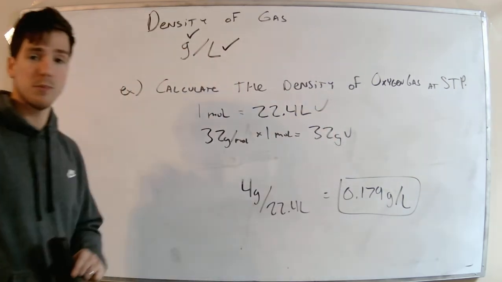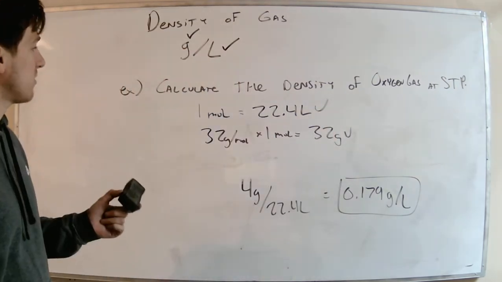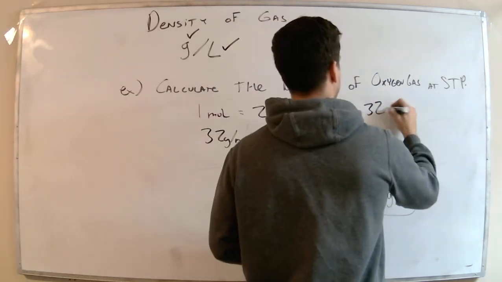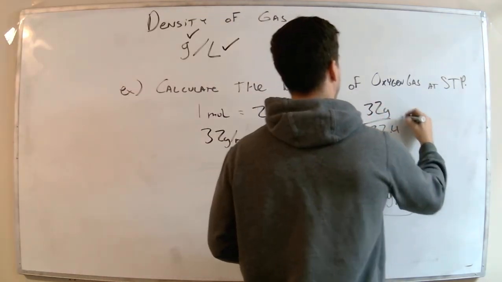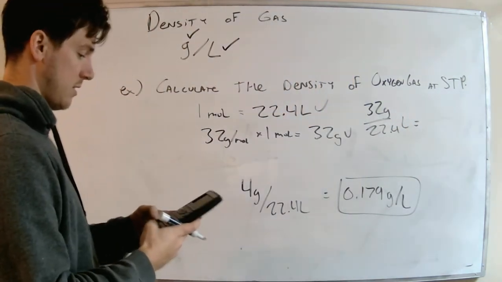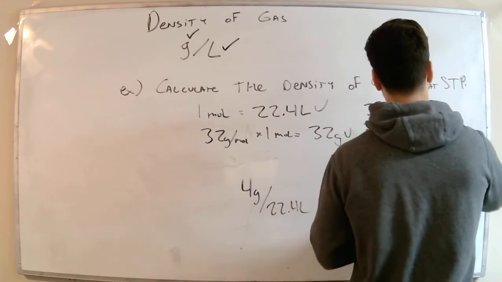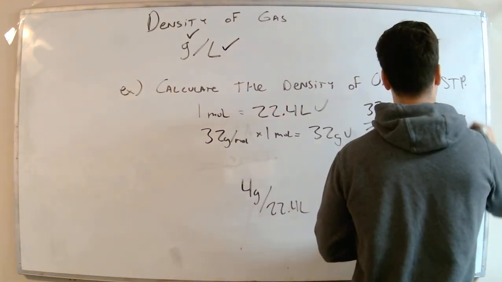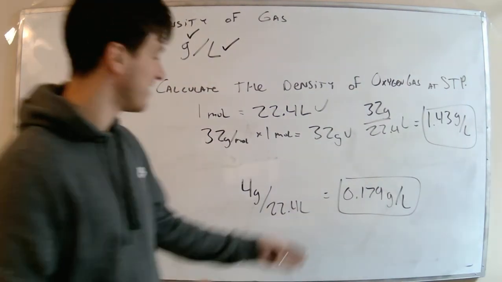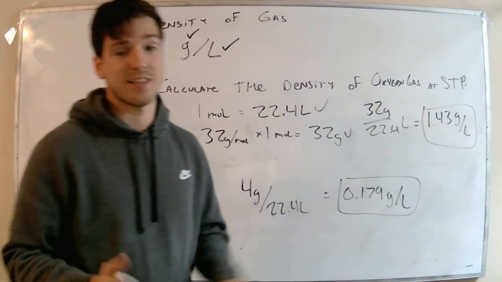We got volume. We have mass, so we're just going to take 32 divided by 22.4. 32 grams divided by 22.4 liters. Hey, that gives us a density of 1.43. Okay. So that kind of makes sense as why helium floats. It is a lot less dense than oxygen gas.